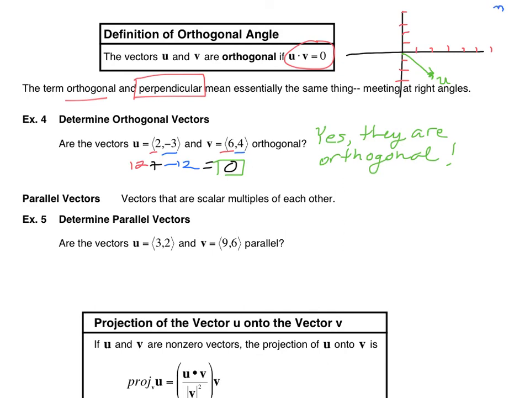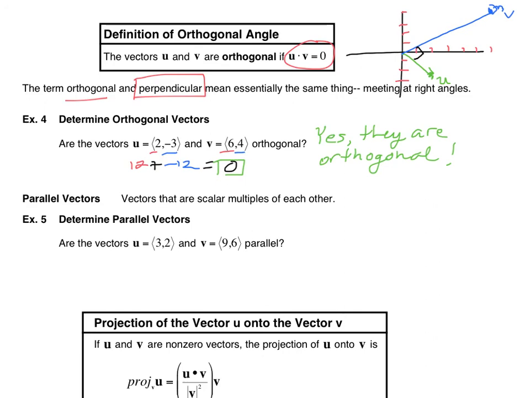So I'd be right about here. Granted, it's a rough sketch, and this is v. Do those vectors appear to be perpendicular? Does it appear to have a right angle there? Yes. Granted, I graphed it on non-graph paper, so we're off a smidge, but that's what they should look like, and sure enough, they do appear to be perpendicular. So, easy to tell, find their dot product.